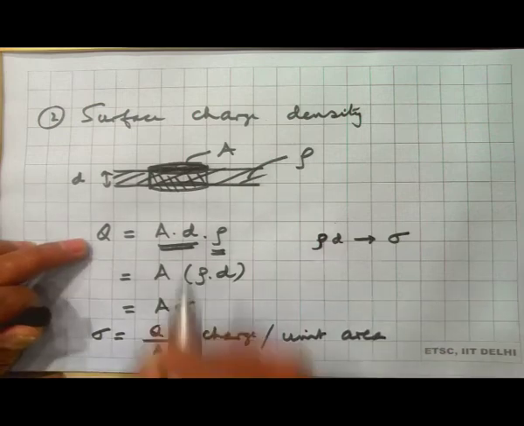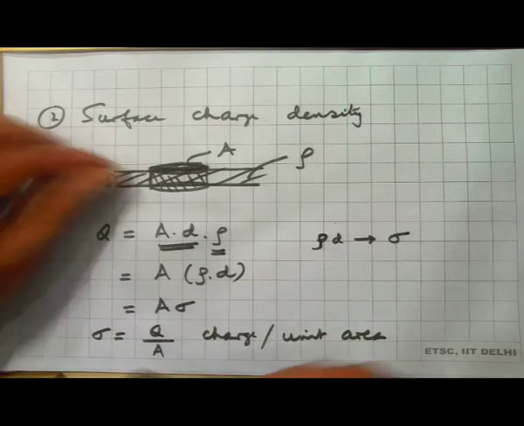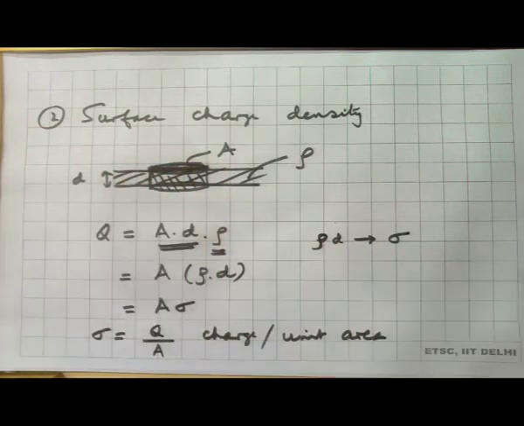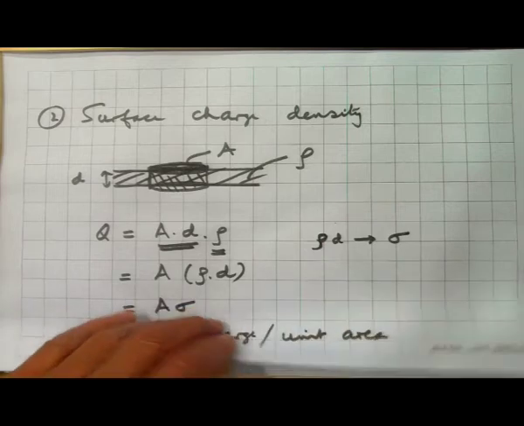Remember, q was the charge within this volume. As I let my thickness go to 0, the charge is in that area, and so I define the charge per unit area as sigma, and so this is the charge which is supposed to be on one surface, all the charge sitting on the surface, and I have obtained this as a limiting process of a volume charge density.